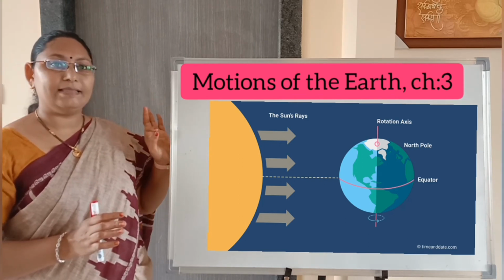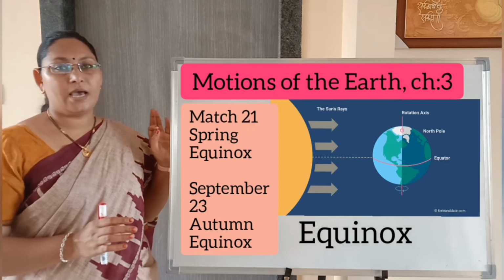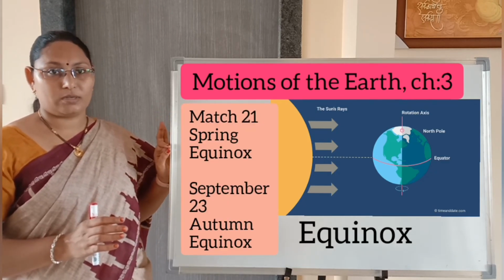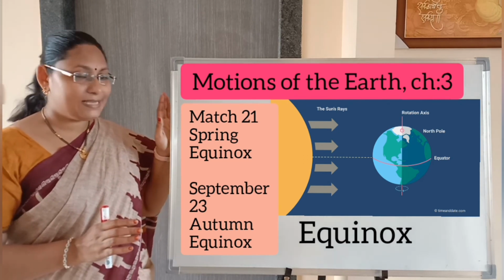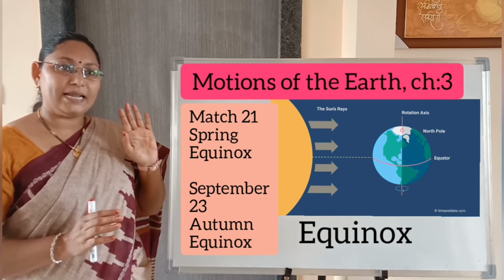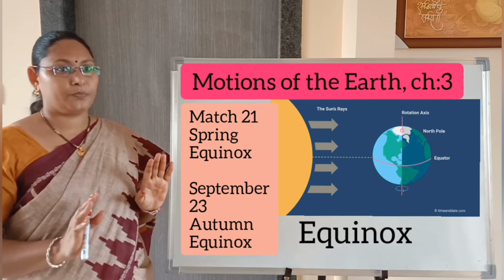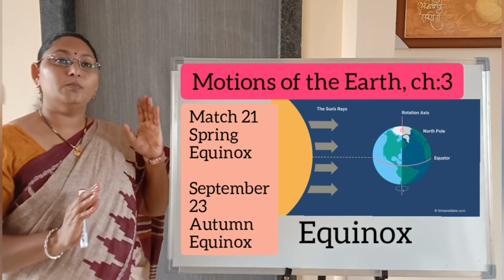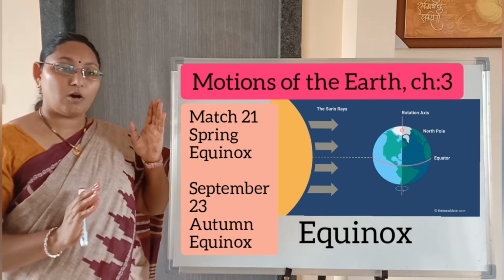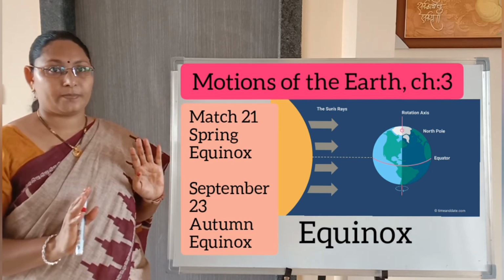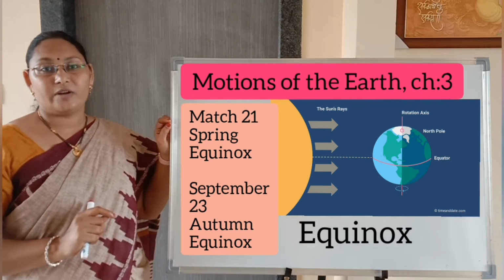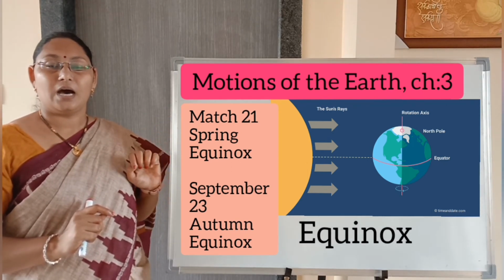These 2 days in the year, March 21st and September 23rd, are called equinox. Why? Because on these days, sun rays directly fall on equator. Because of that, day and night are equal in both southern and northern hemispheres. Because of this reason, we call March 21st and September 23rd equinox.